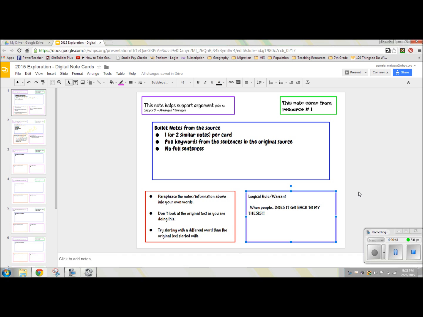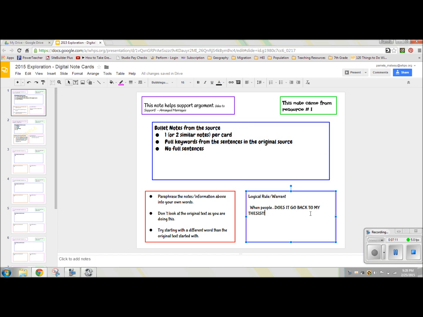If you cannot think of the logical rule or warrant, it's probably a huge sign to you that this information that you wrote down as these bulleted notes, this piece of evidence, probably does not work for your research, for your exploration.